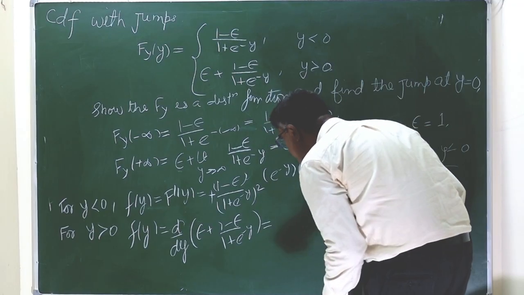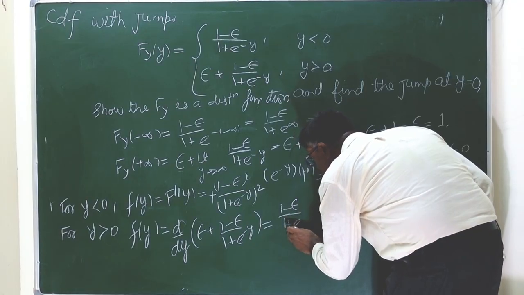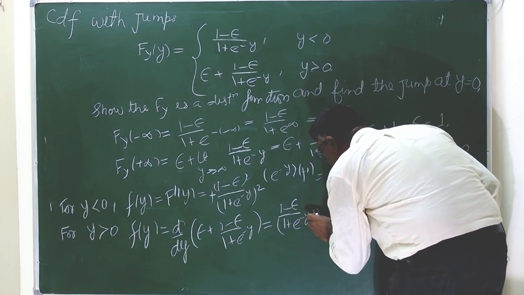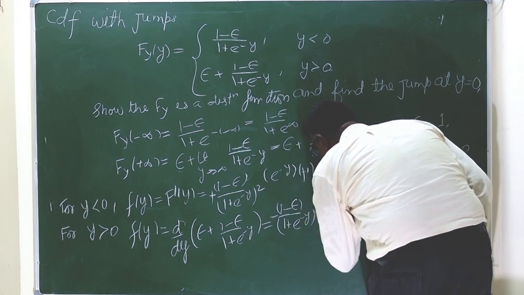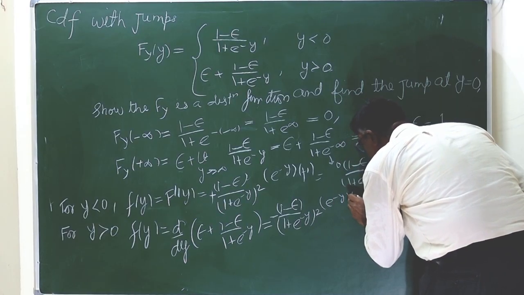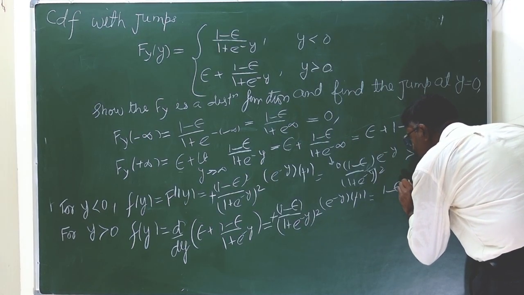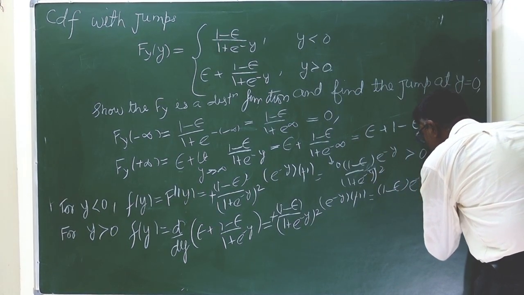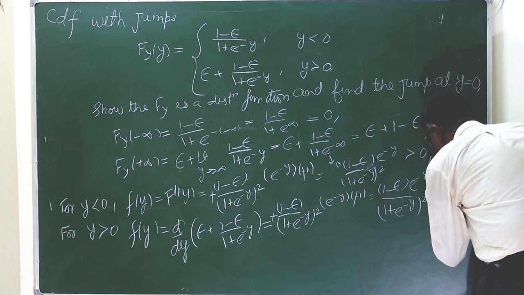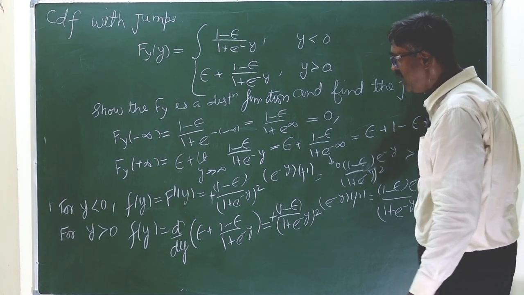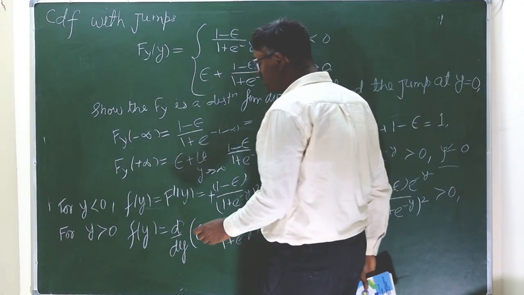The derivative of this will be (1 minus epsilon) upon (1 plus e to the power minus y) whole square, times minus e to the power minus y into minus 1. So the minus cancels out and it comes out to be (1 minus epsilon) e to the power minus y upon (1 plus e to the power minus y) whole square, which is also positive. So we established that F_Y is an increasing function for both y greater than 0 and y less than 0.